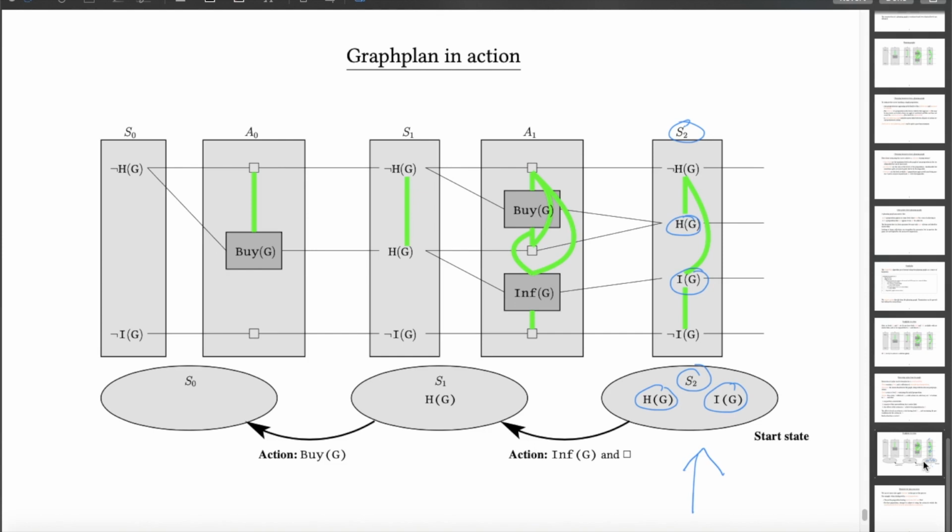At that point, the aim becomes to achieve the preconditions of those actions. Okay? So in the intelligent search problem, our first step, which is this one, our first action within the intelligent search problem, corresponds to a collection of actions within the planning problem that will achieve our currently unsatisfied propositions, namely HG and IG, and which are not mutually exclusive, and for which the preconditions aren't mutually exclusive.